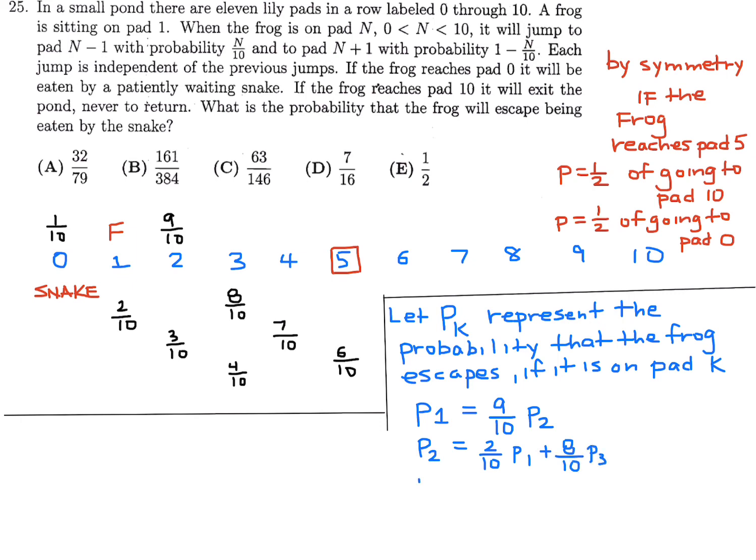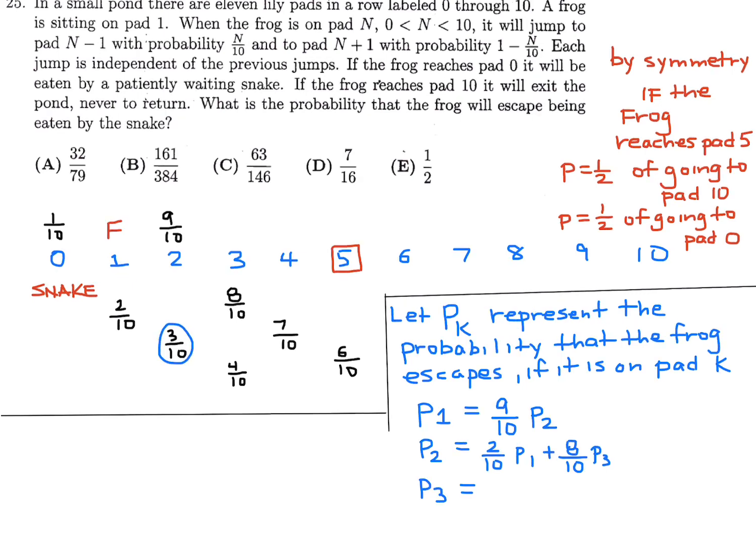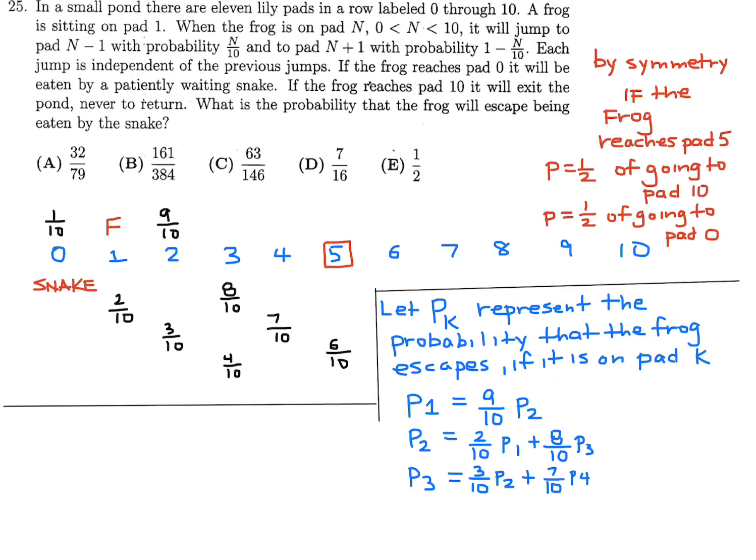Then P3 is going to be 3 over 10 P2 plus 7 over 10 P4. And P4 is going to be 4 over 10 P3 plus 6 over 10 P5.